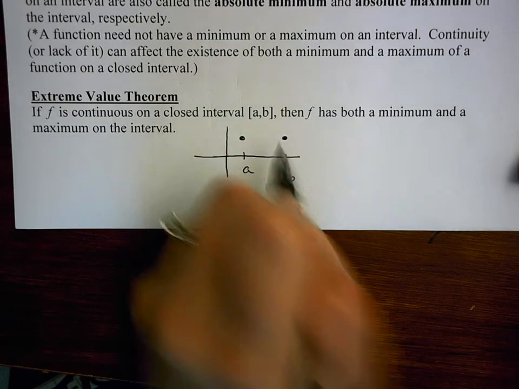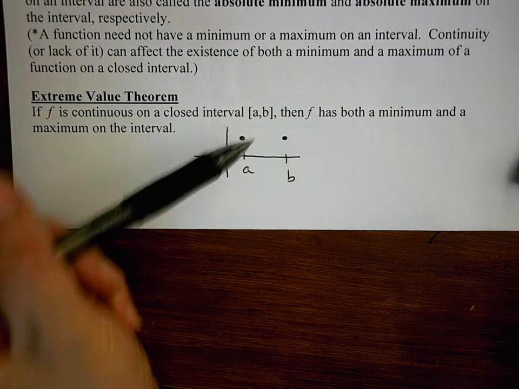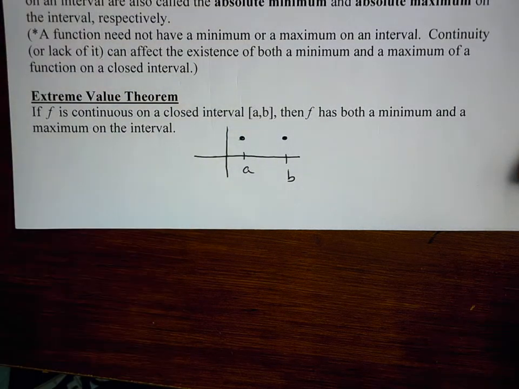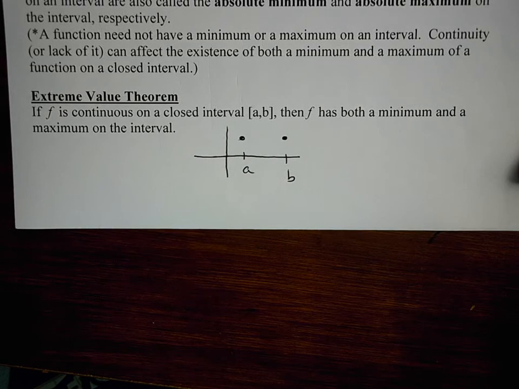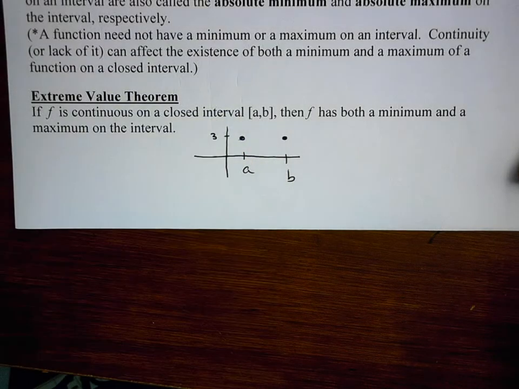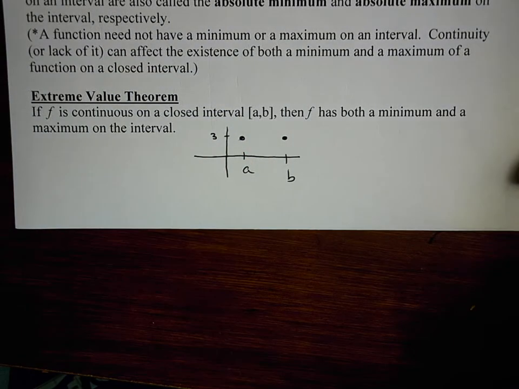If I went straight across, then it would have both a min and a max, and they would be the same value. Its highest value would, say, be at 3, but so would its lowest value. Which is kind of silly, but that could happen. We would say it has a minimum at 3, a max at 3 as well.